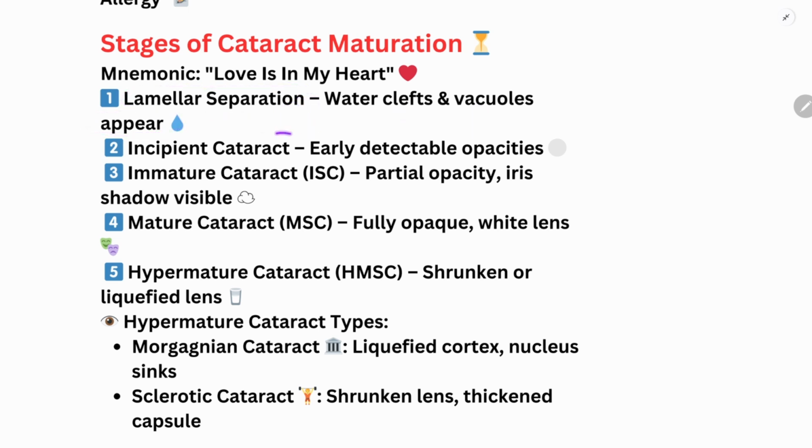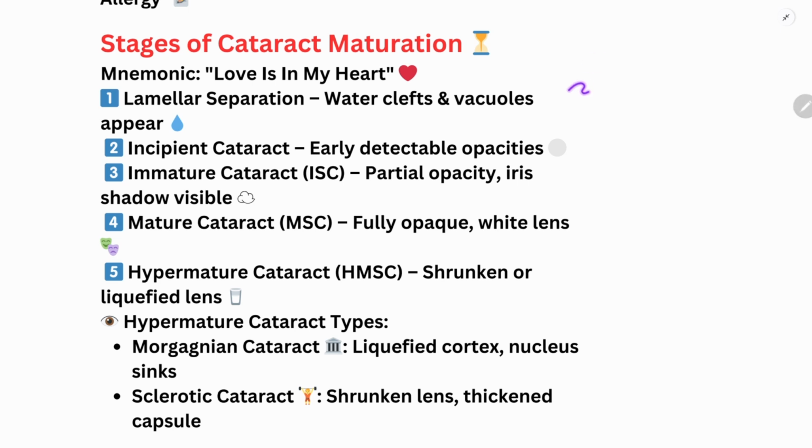Next one, incipient cataract, which is early detectable opacities, in the form of dots or patches. Next, you will observe immature cataract, where there is partial opacity and the iris shadow is visible.